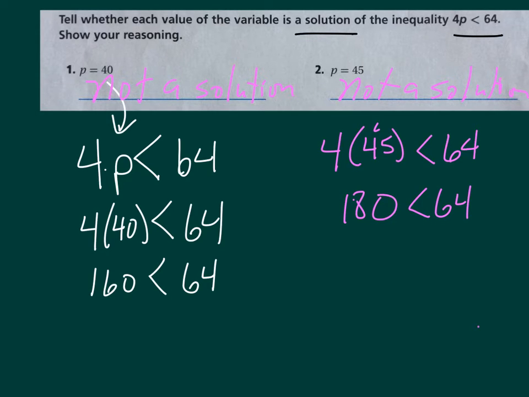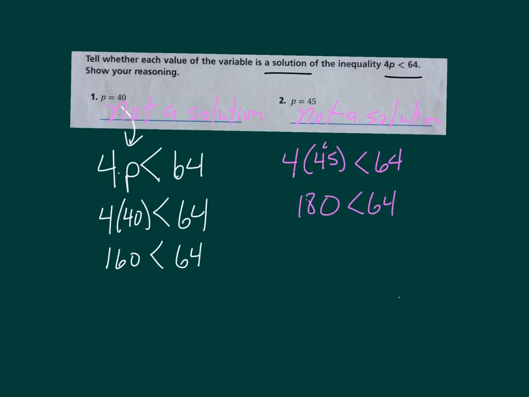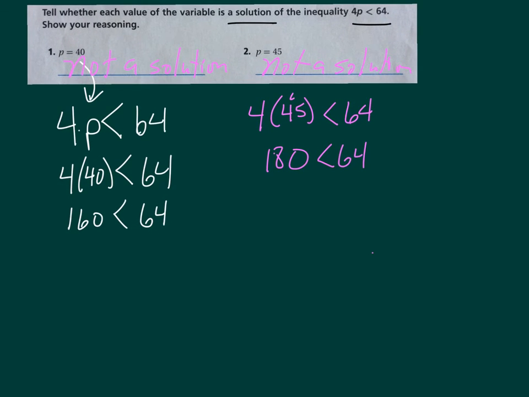Now, let's consider what a solution would be. Let's take the work we've just done and minimize it a little bit. We're going to take our inequality of 4 times p is less than 64. This is just like saying 4p is equal to 64. It's the same format. So 4 times p, how do you solve for p?